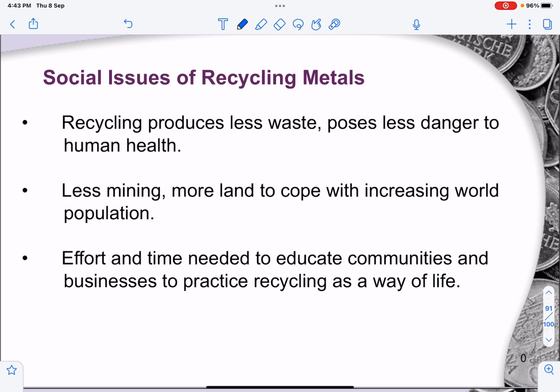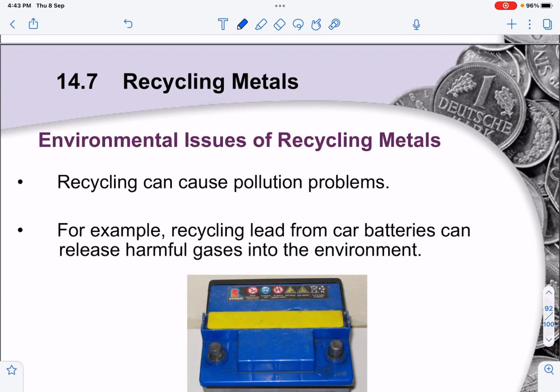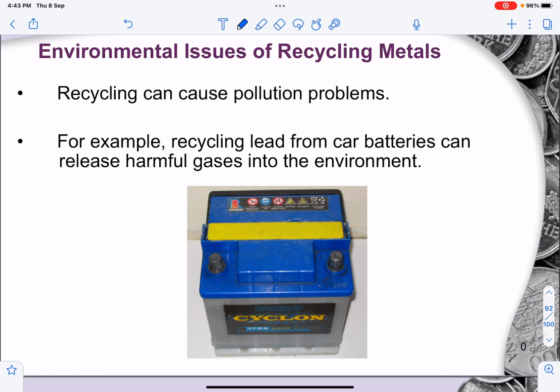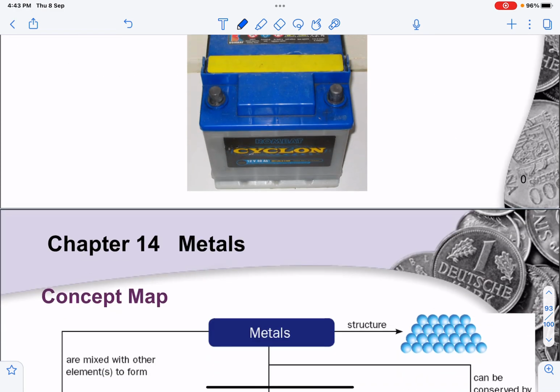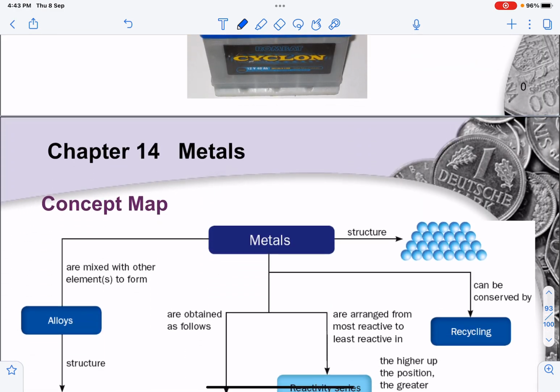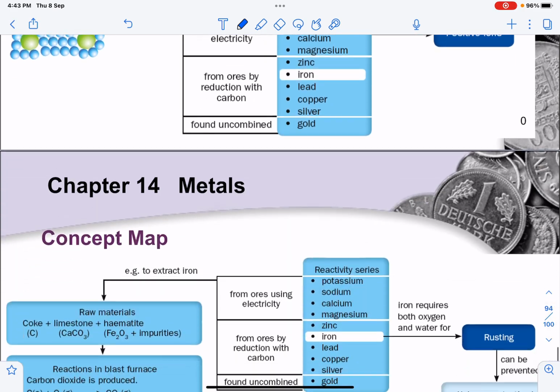The effort and time needed to educate the community and business to practice recycling is also a way of life, or very important. Sometimes in terms of environment, recycling can cause pollution problems. For example, recycling your lead from car batteries will release harmful gas to the environment.